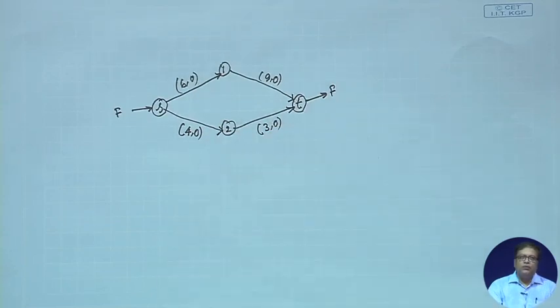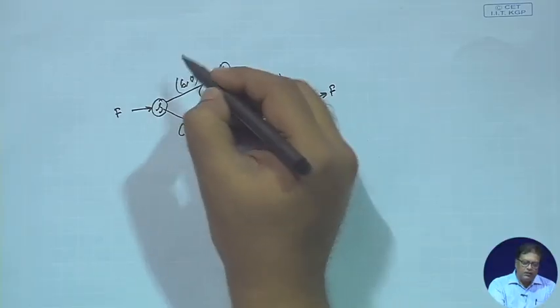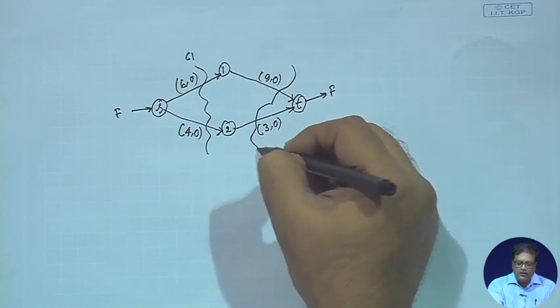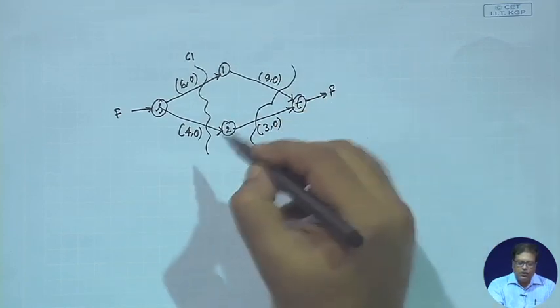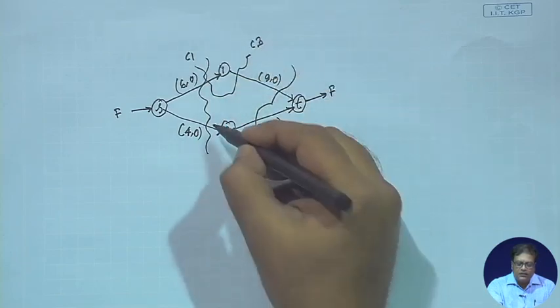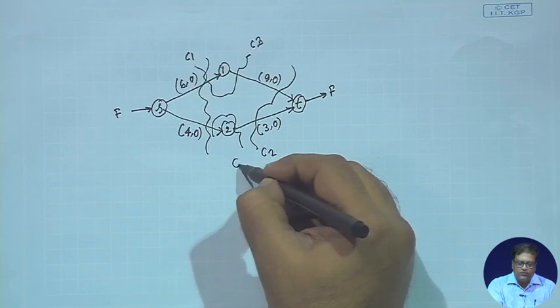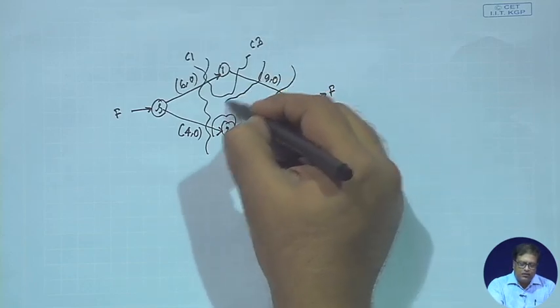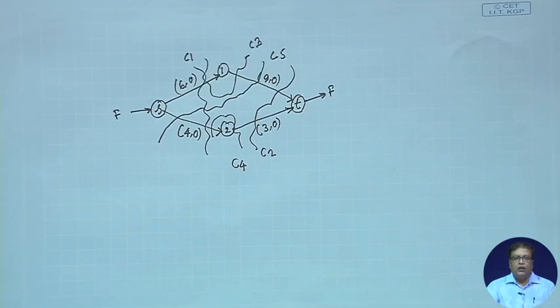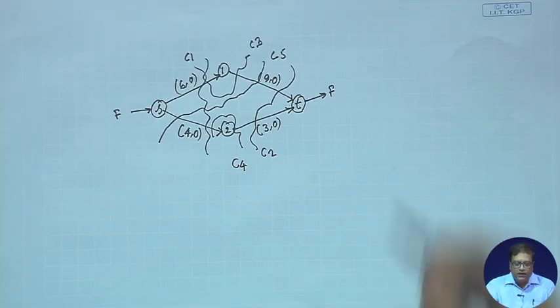Now, what could be some cut sets, right? Look at this, this is a cut set C1, this is another cut set C2, but you can also think of other cut sets like C3 and C4. Obviously, there could be one like this also, C5. So, I hope you can see those cut sets.